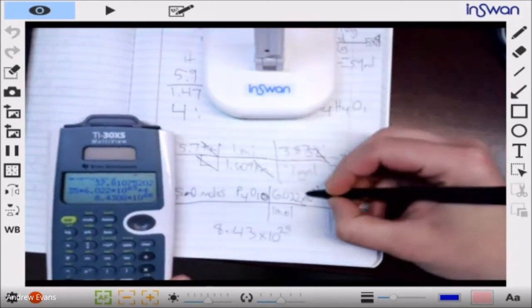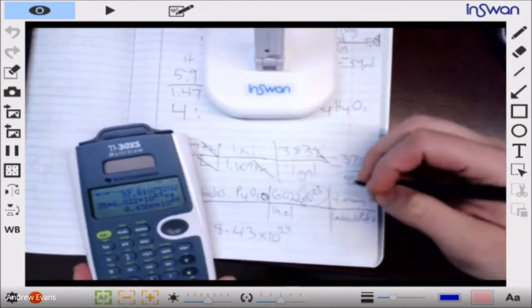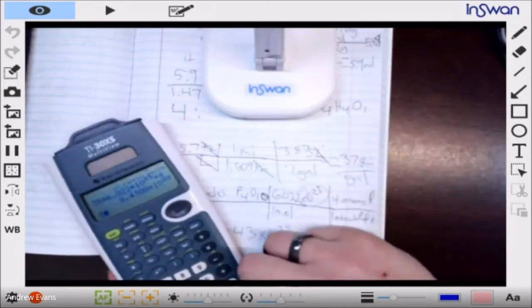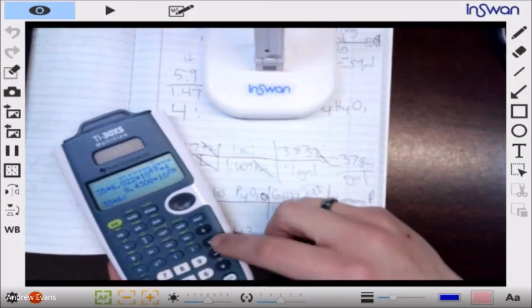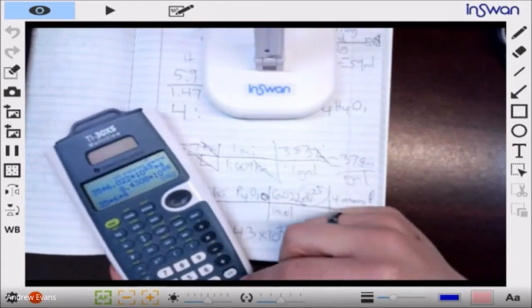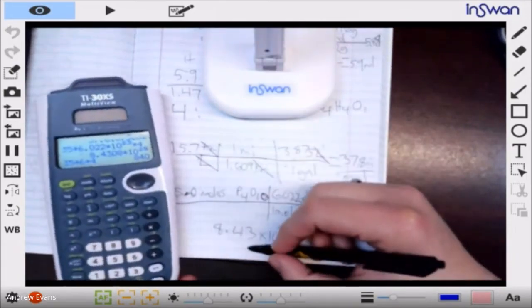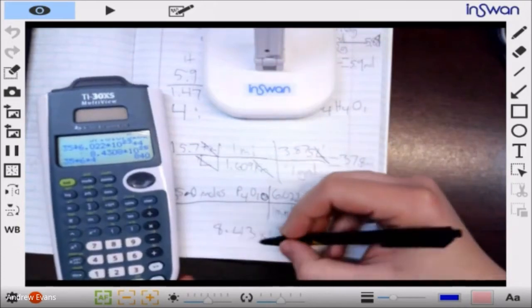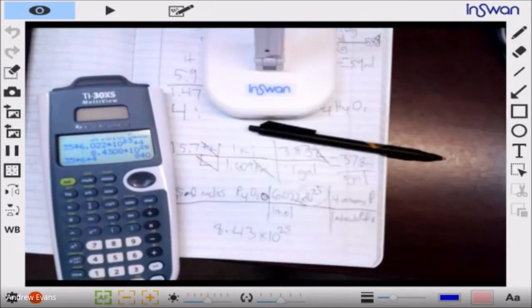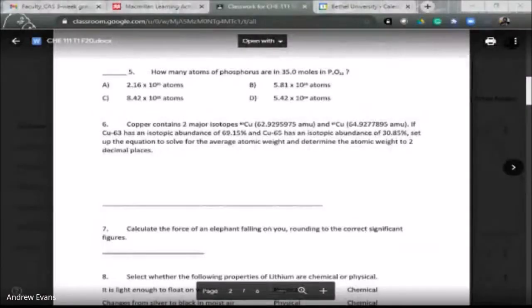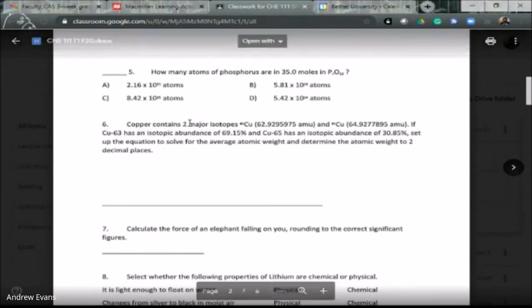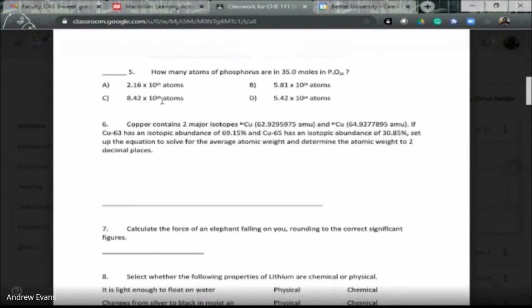That 10 to the 23rd is simply pulled out, and so you essentially get 35 times 6 times 4, which is 840. That 840 is a factor of 10 to the 2, which just adds to the 23, making 25. So the correct answer is 8.42 times 10 to the 25th. Right there, answer C.